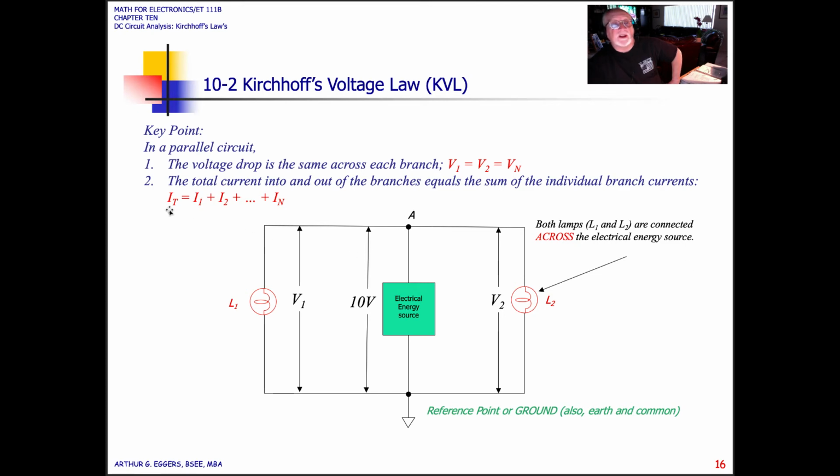So in this case, the total current, that value applied to the source, I total, would equal the current in loop 1 added to the current in loop 2 and any other loops that we would have in this circuit, because we could add another one here, and that would be loop 3, and then add that to the total would equal the value associated with the total current.